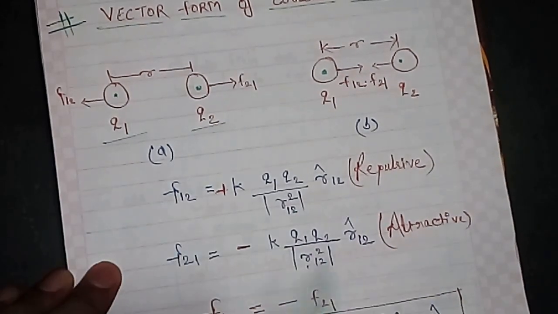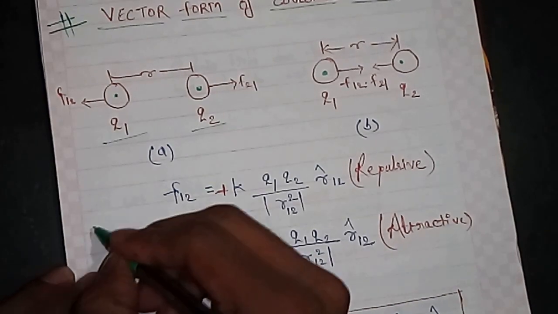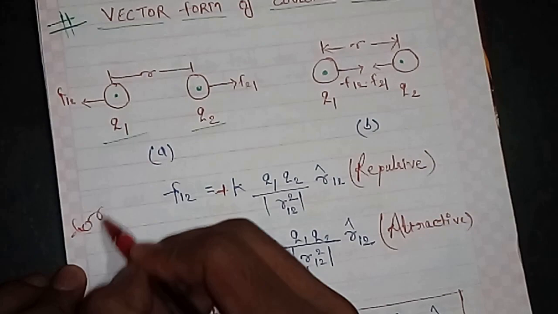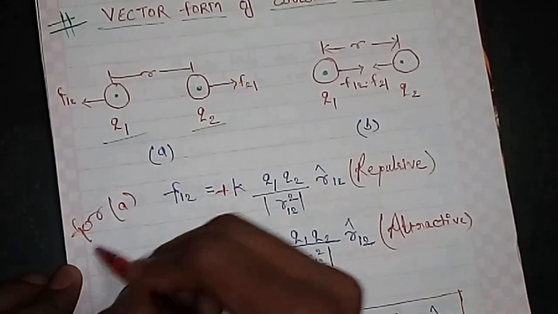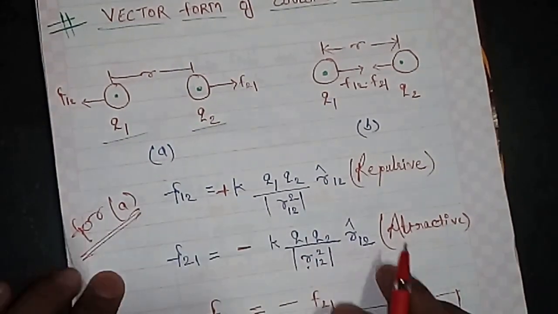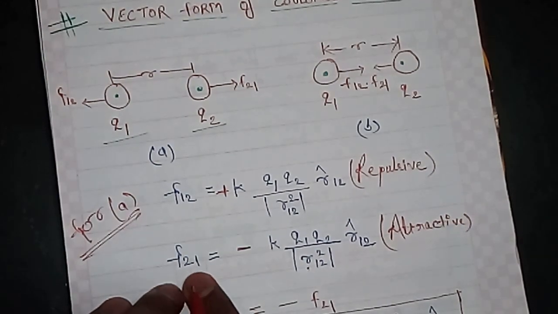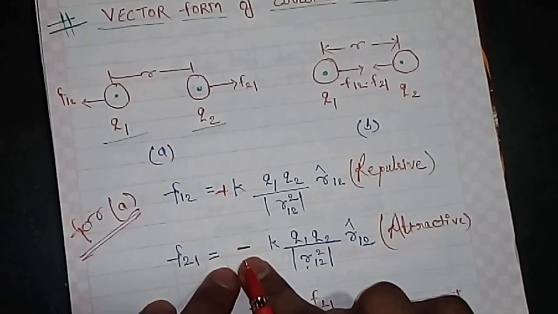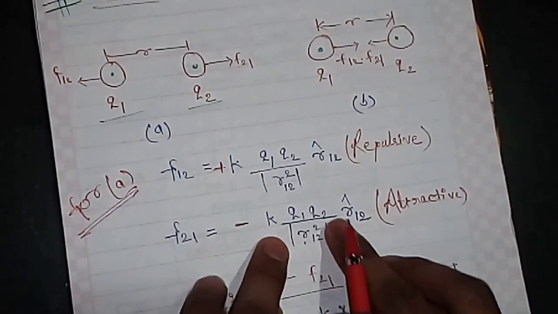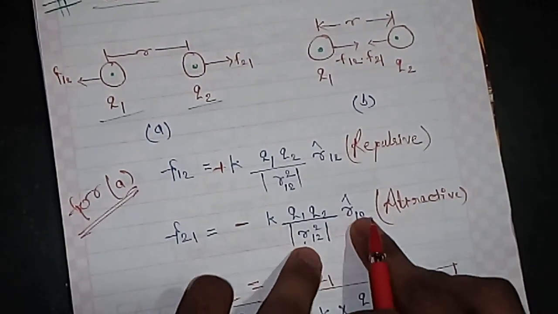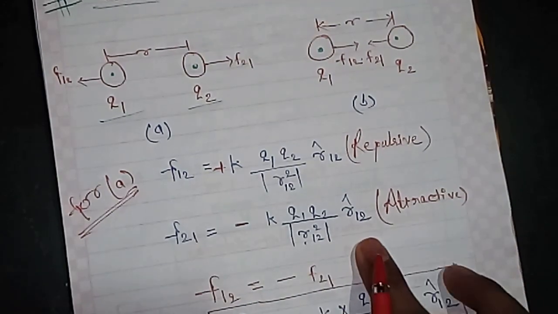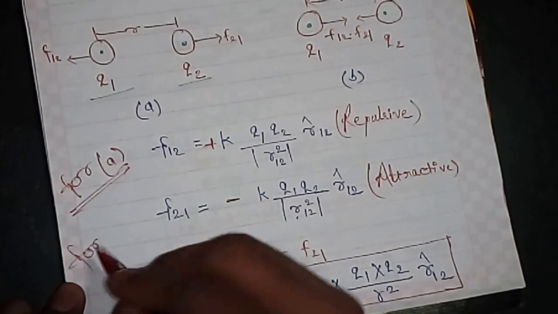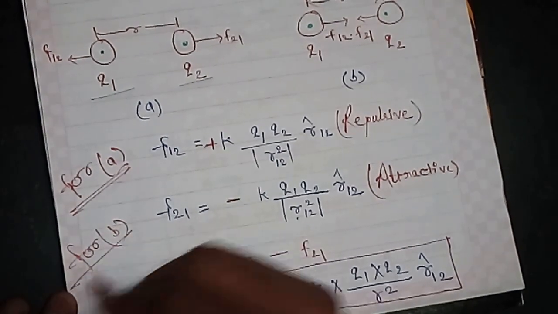So this is for figure A. And the force F21 is equal to minus K q1 q2 upon mod r12 square r cap 12. So this is the force for figure B.